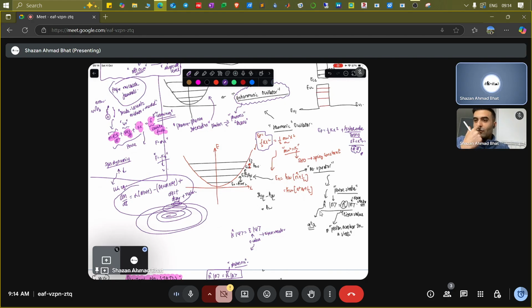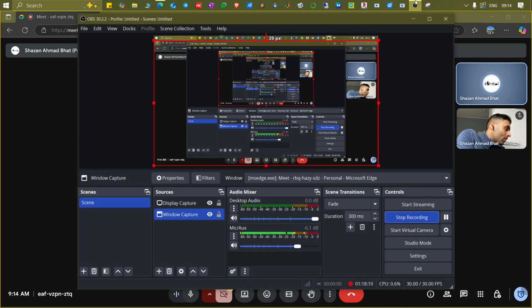That is the essential part of maths, and that's what I always try to make students understand and highlight, why this particular thing is essential. Okay, I believe that is it for now.